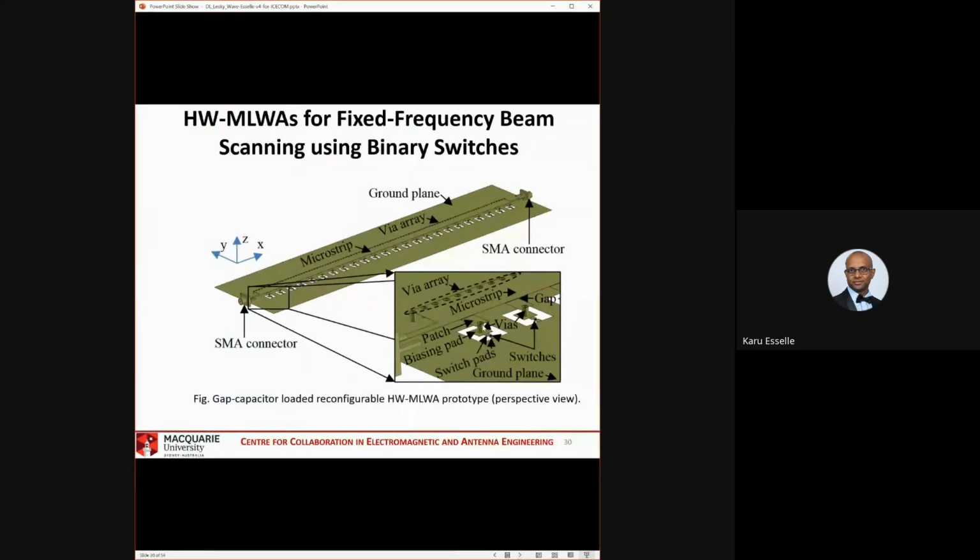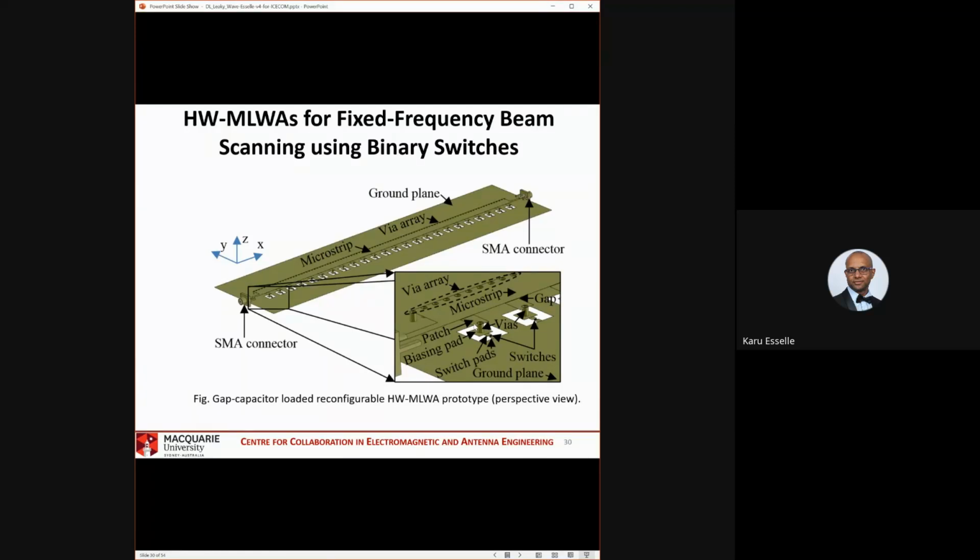That is not shown, the bias line. Each patch has a bias line, a very narrow line. It's electromagnetically insignificant, but because of this gap, there's a DC isolation between the voltage we apply here and the voltage we apply here.